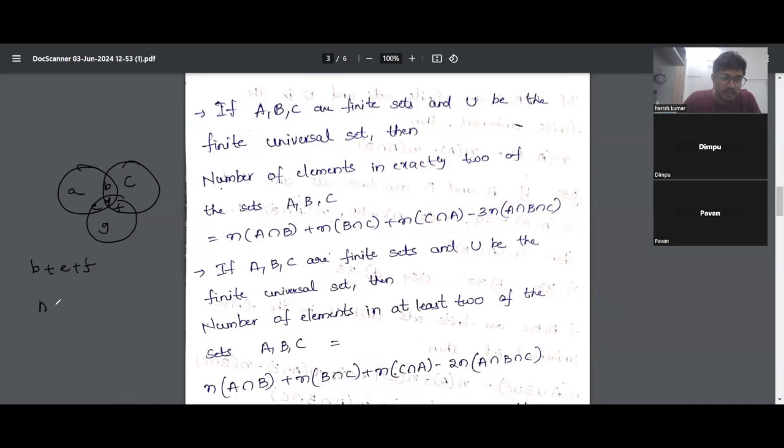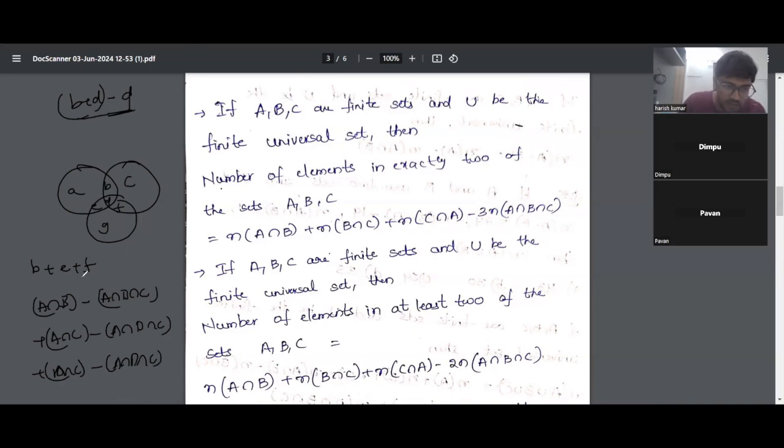B is A intersection B minus A intersection B intersection C. Because A intersection B is B plus D, minus A intersection B intersection C, which is D, so B plus D minus D is B only. Then again, A intersection C minus A intersection B intersection C, and B intersection C minus A intersection B intersection C.